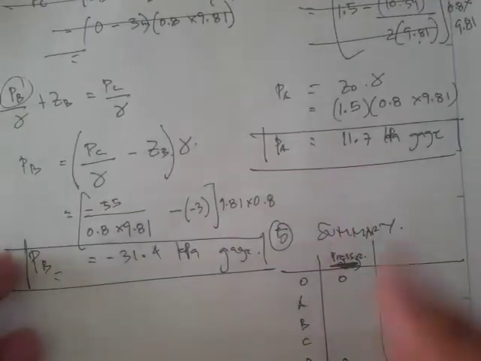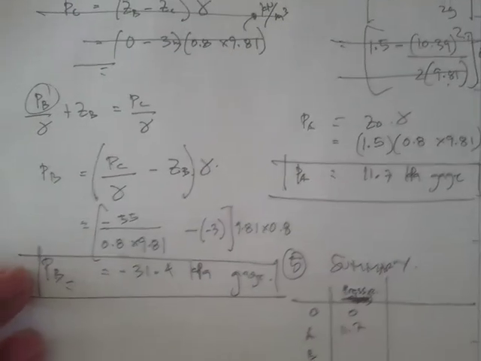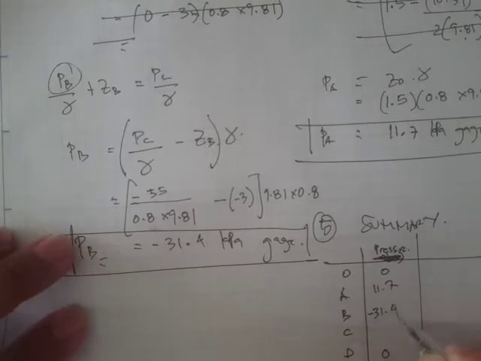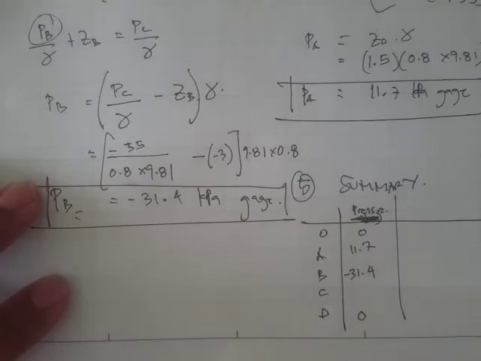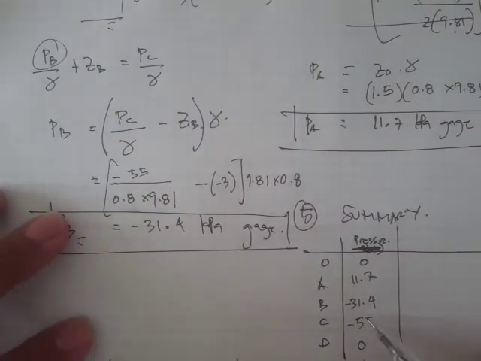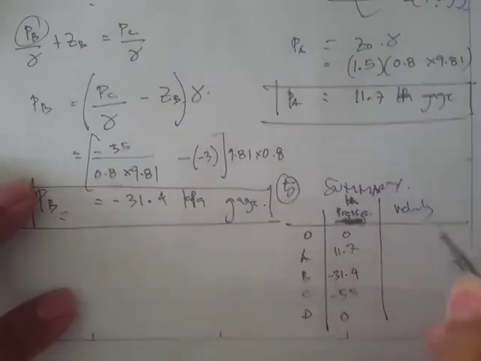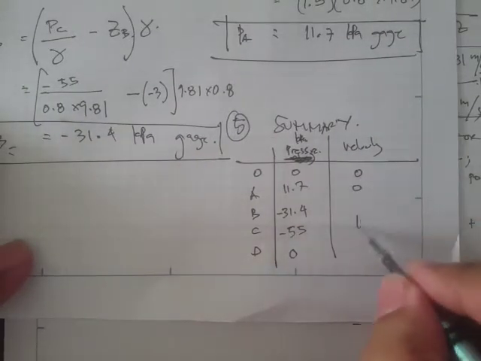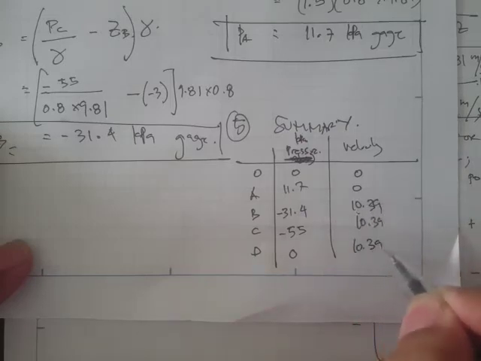At point A that's 11.7, and at point B that's negative 31.4, so that's a vacuum pressure, or a negative gauge pressure. Then our point C is negative 55, in kPa. In terms of the velocity, our velocity at O and A is 0, and inside the siphon we have 10.39.